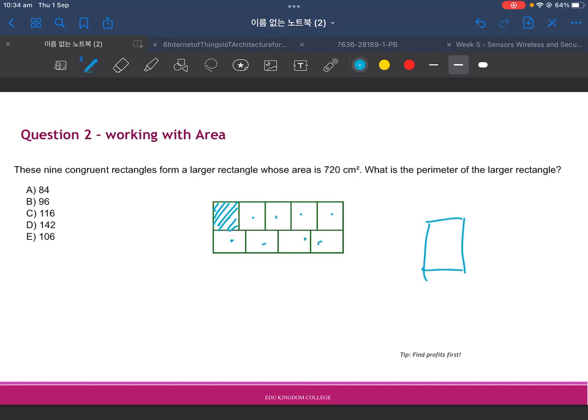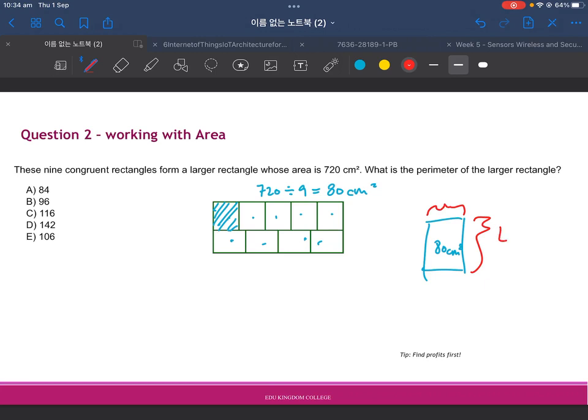If we have 9 rectangles that form an area of 720 squared centimeters, then 720 squared centimeters divided by 9 would give us the area of each, right? Okay, so now that we know that each rectangle has an area of 80 squared centimeters, then we can start to find the dimensions of these rectangles.